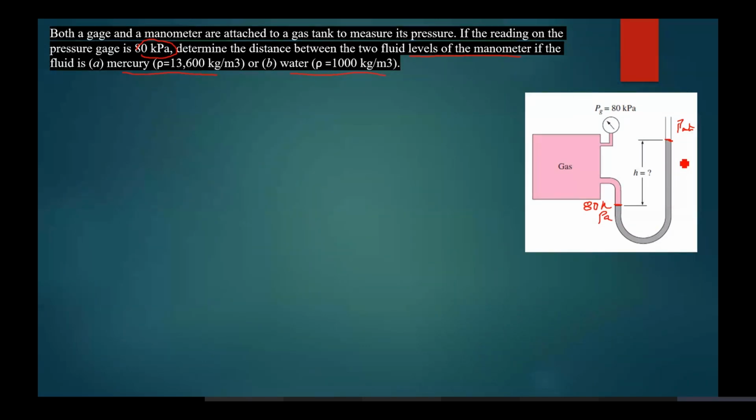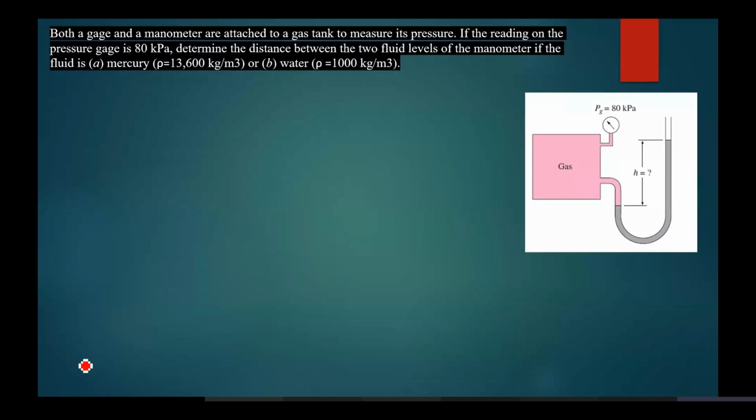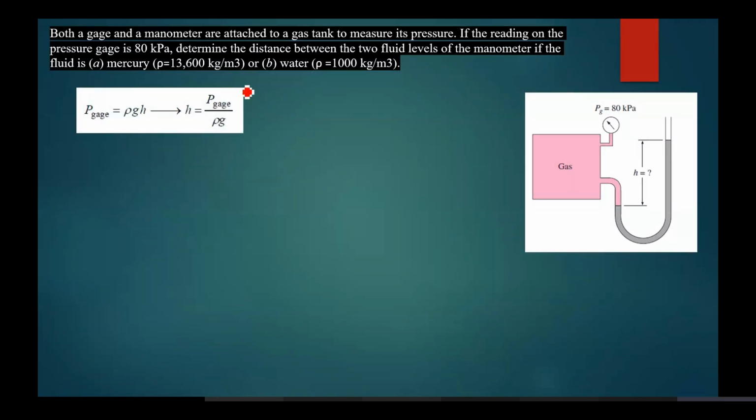If I start from this point, point 1, and I come to this level, point 2, the pressure increases by rho GH. And rho GH is essentially equivalent to 80 kilopascal. Is this point clear to you? Yes. So the gauge pressure is equivalent to rho GH.